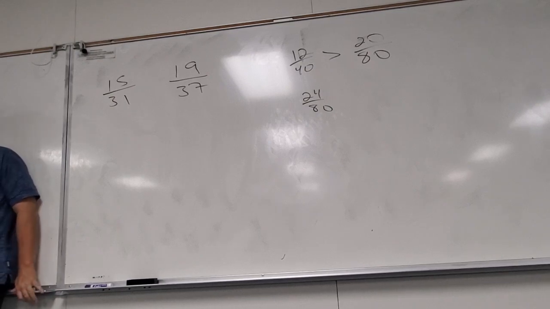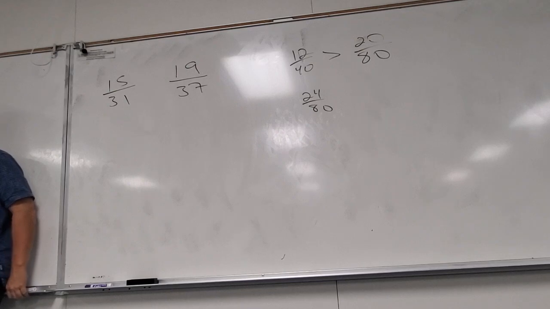They're obviously not equal, do you guys agree? Are they already reduced? Do those reduce anymore? All right, so I know they're not equal, but now I'm curious, which one's bigger? How could you tell which one's bigger?